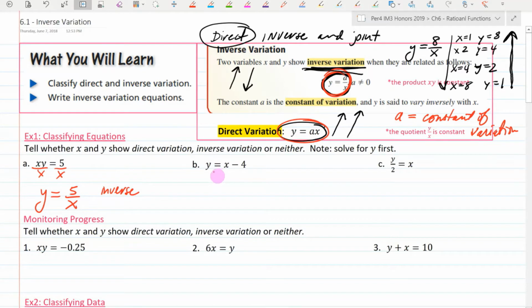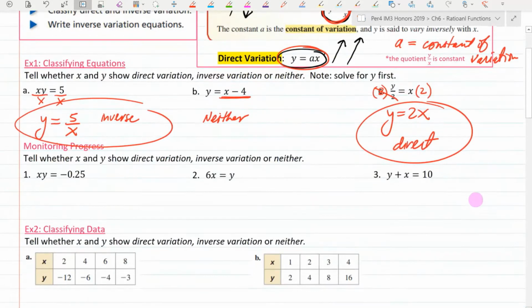For the second one, it's neither, because it either has to be a times x or a divided by x, one or the other. So this one is neither. And then for the third one, if we solve for y, we can multiply both sides by 2, and y would equal 2x. So this one is direct variation. Okay?